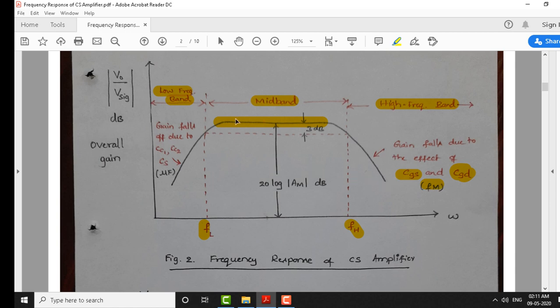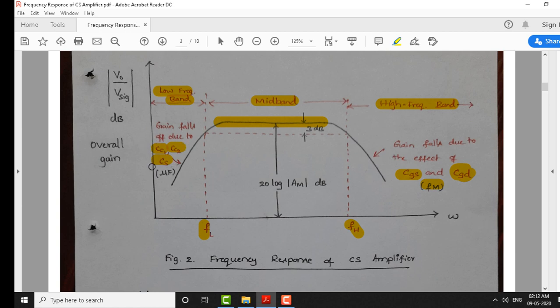Now let us find out the reason why the gain falls off in the lower frequency region. The lower frequency band is nothing but between 0 and FL. Again there is a drop in gain. Now the drop in gain is because of these 3 capacitances, namely CC1, the coupling capacitor connected between the input source and the gate of the MOSFET, CC2, the capacitance connected between drain and the output, and the bypass capacitance connected at the source terminal to ground.